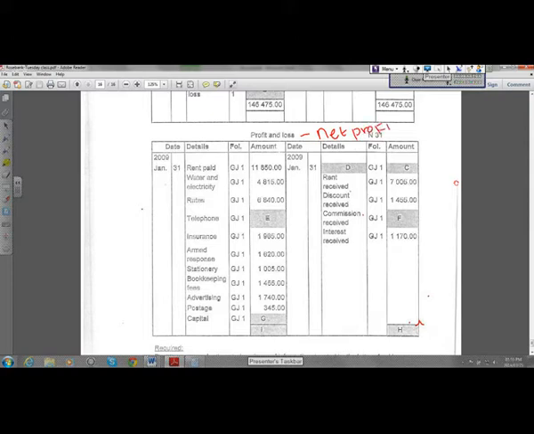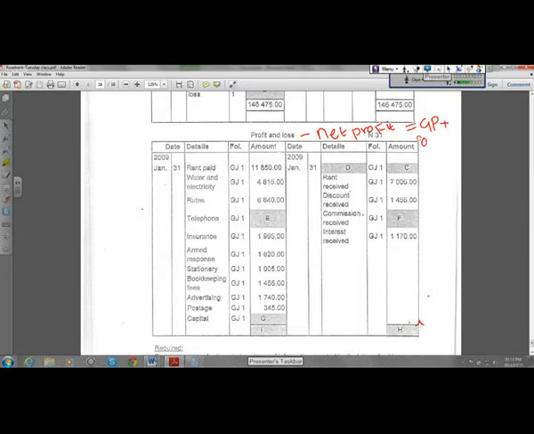Your net profit is equal to the gross profit that we have calculated from the trading account, plus other income.